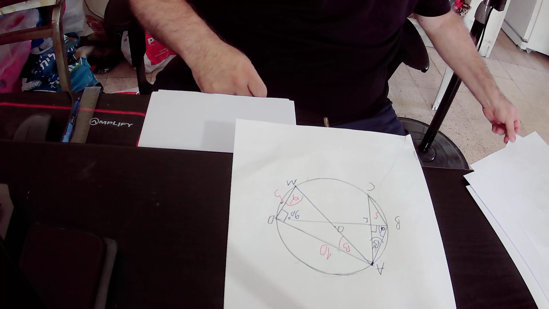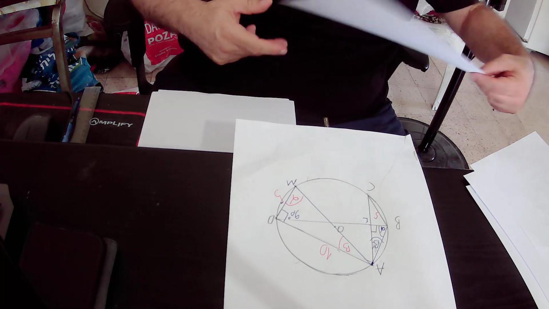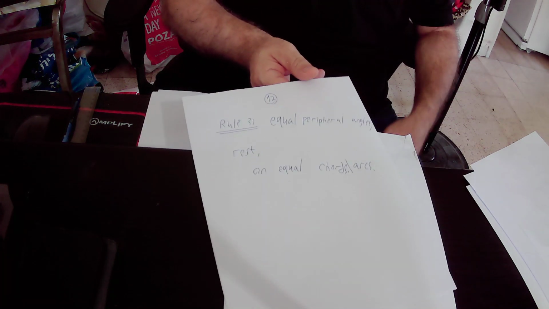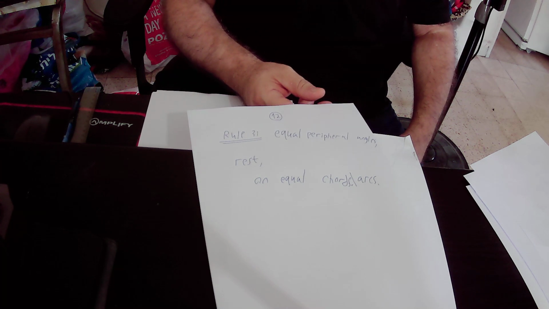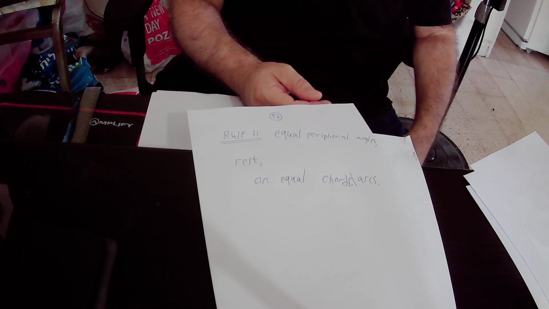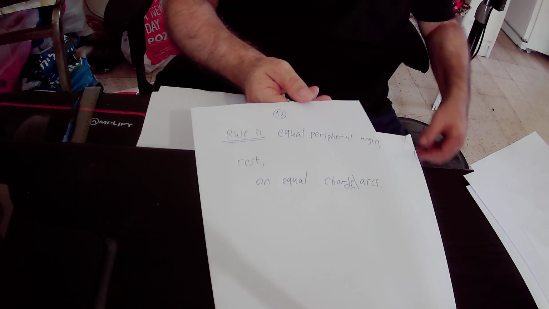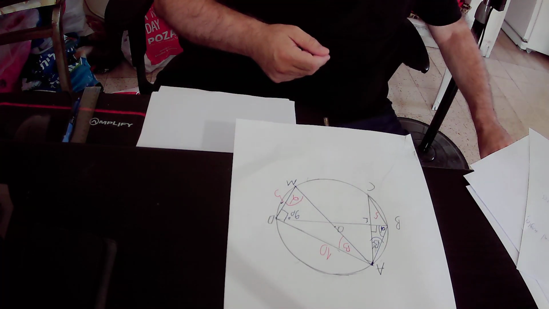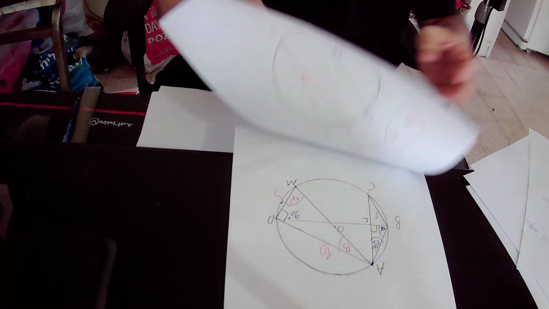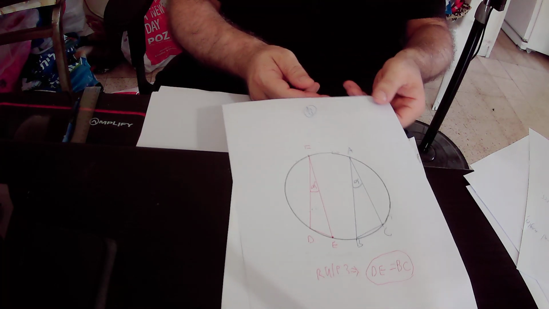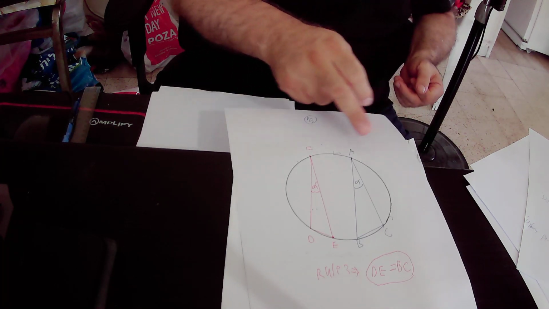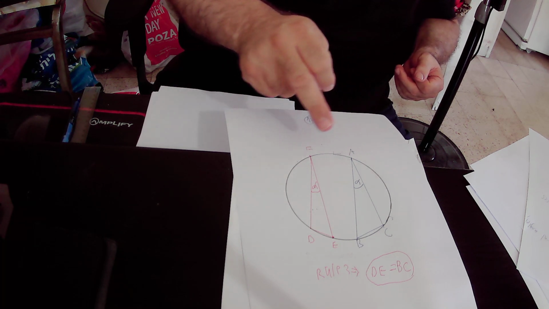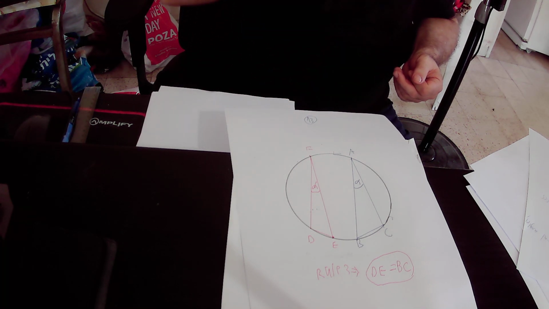And according to rule number 3, equal peripheral angles rest on equal chords. So if we have two peripheral angles that equal each other, this angle is alpha and this angle is also alpha.